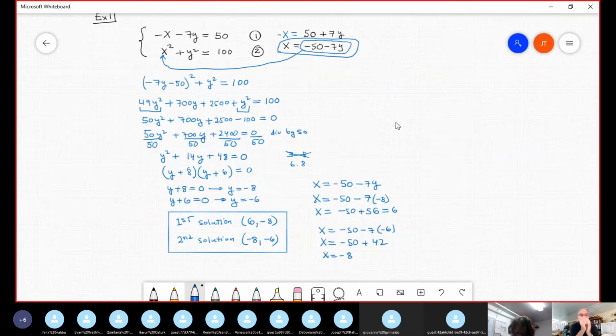Could you check in decimal or no? You can solve it graphically or no? This one, yeah. Yeah, let's do it in Desmos. Let me try.